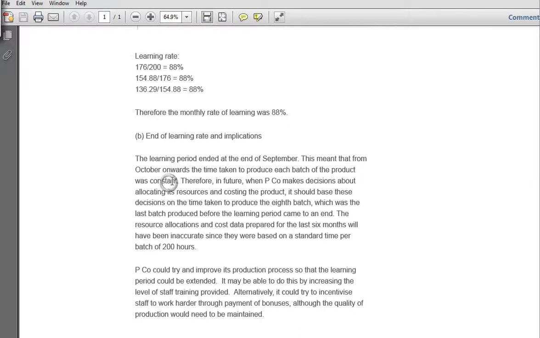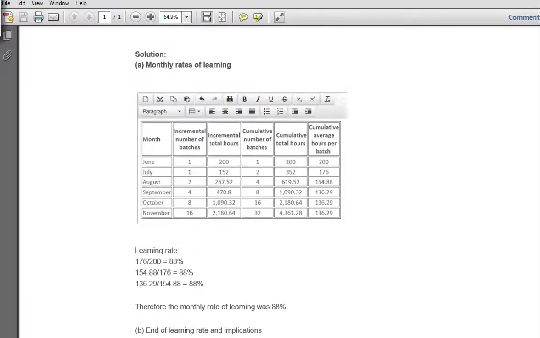This meant that from October onward, the time taken to produce each batch of the product was constant. Therefore, in the future, when Pico makes decisions about allocating its resources and costing the product, it should base these decisions on the time taken to produce the 8th batch. And you can see here in October, you have the 8th batch. So this will be the time taken for the rest of the units that we'll be producing after this.